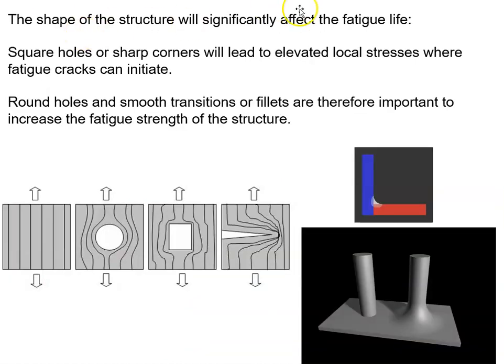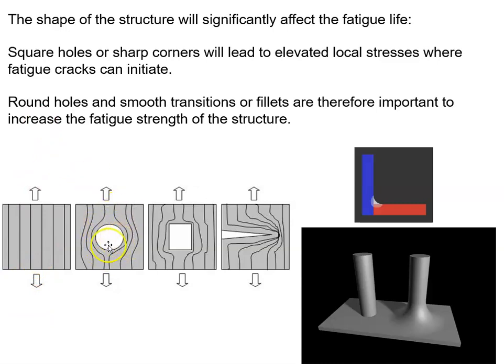All right, so the shape of the structure will significantly affect that fatigue life. So square holes and sharp corners lead to elevated local stresses. This is kind of interesting. The lines running through this structure show if there are elevated local stresses. Right here, all these straight lines are flowing right through, no particular stresses.